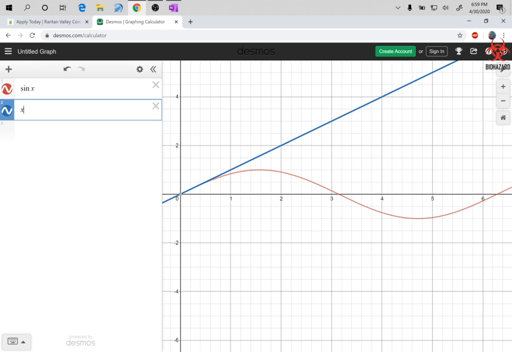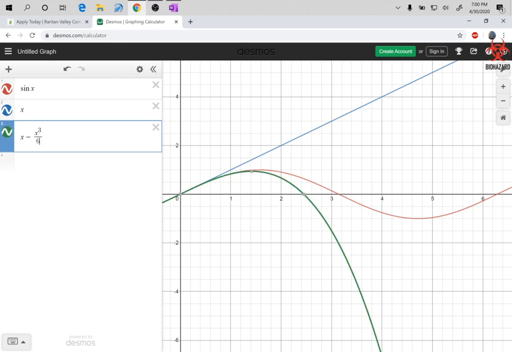But then if the angle is a little bit more than pi over 6, leading towards pi over 4, let's say, then you toss in another term. And another term would be x minus x cubed, but that needs to be divided by 6. It creates this green line.